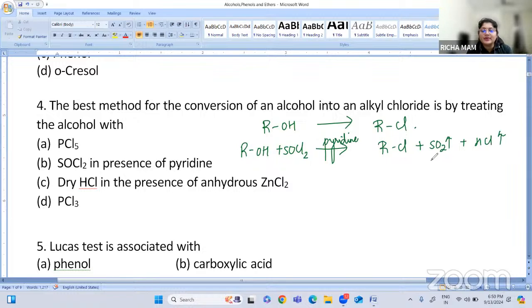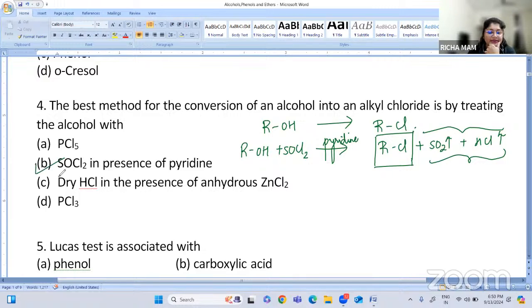Why is this the best method? Because the byproducts obtained are gases, and they will escape out, so the product yield will be more. So this is the best method for the conversion of alcohol into alkyl chloride.